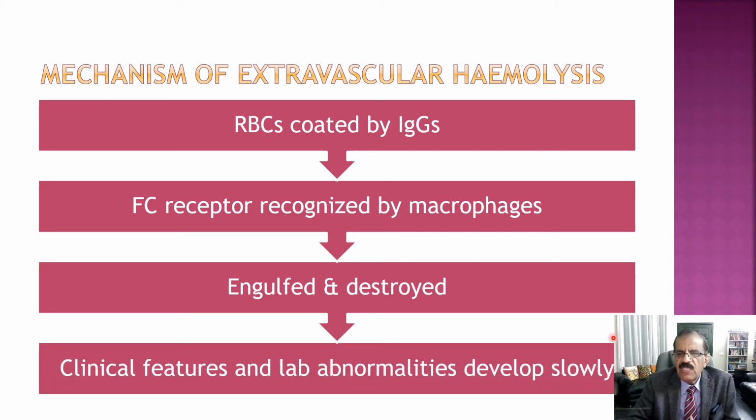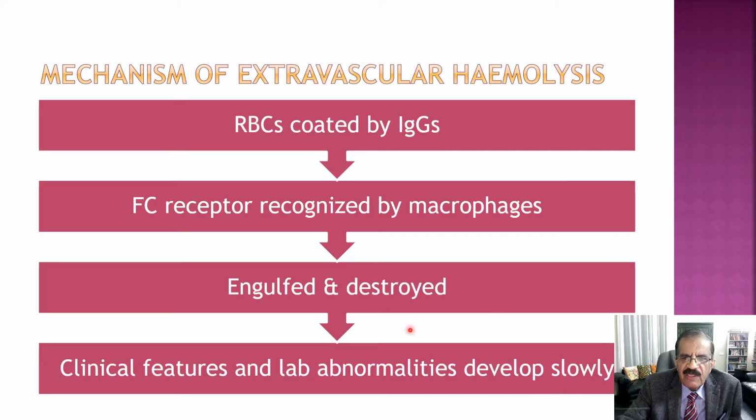Normally RBCs are not coated with antibodies. So normally this will not happen. Only if there are antibodies which are immunologically bound to RBC antigen, only those cells, when they pass through the sinusoid, the macrophages lining those sinusoids, the Fc receptor will bind with the Fc part of the antibodies and then will engulf the cell and destroy it.